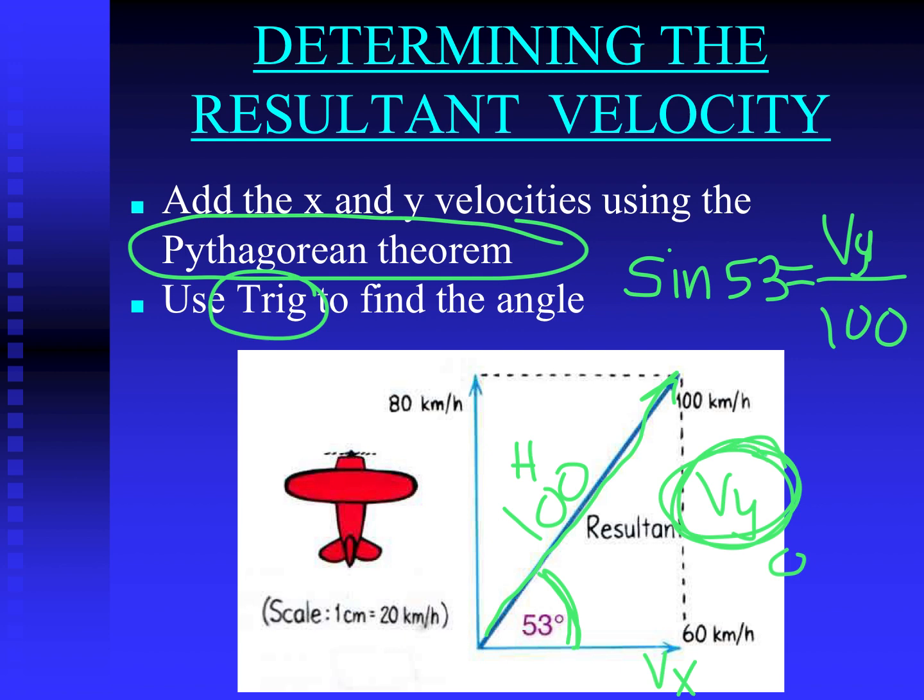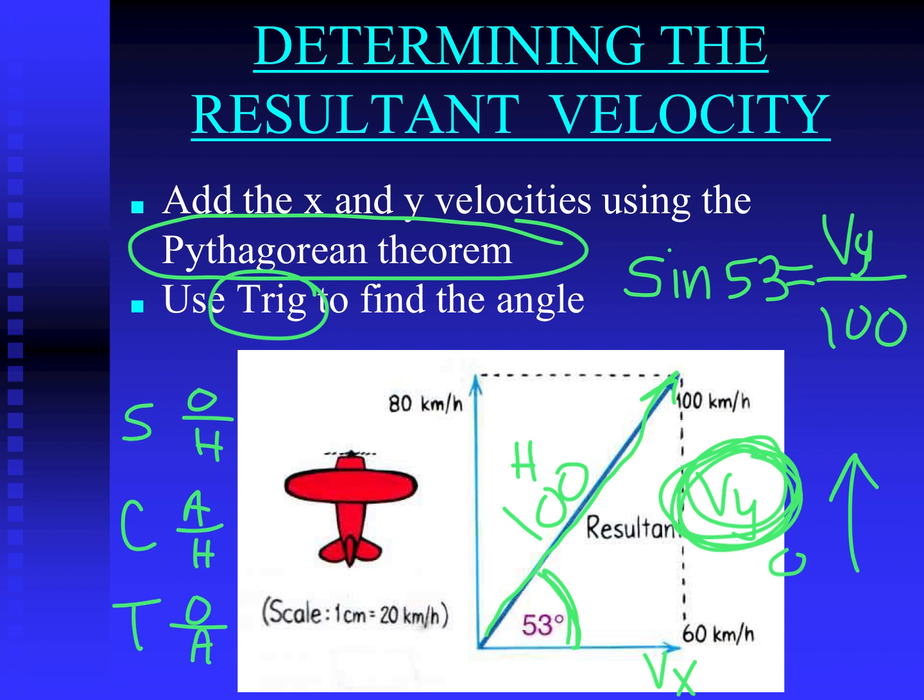And again, this Vy, what is that? That's just the velocity going up when that object starts. So our Pythagorean theorem and our SOHCAHTOA is going to be really important. So make sure we do know and memorize all of the trig functions so that you can apply that and extract the information you need.